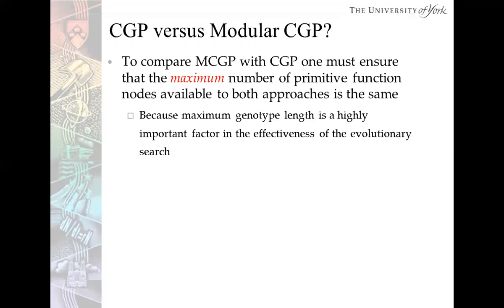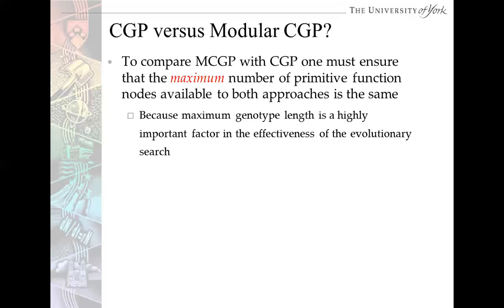So you need to add up all those primitive nodes, and that has to be the same number of primitive nodes as used in CGP when you do your comparisons between the two. And I'm sorry to say that rigorous comparison wasn't done in the IEEE Transactions paper on modular CGP. So it actually was an unfair comparison.